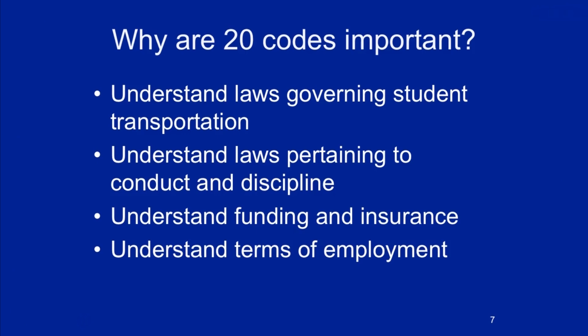Why are the 20 codes important? Well, because it's going to help us understand the laws governing student transportation, understand the laws pertaining to conduct and discipline, understand funding and insurance, understanding terms of employment.